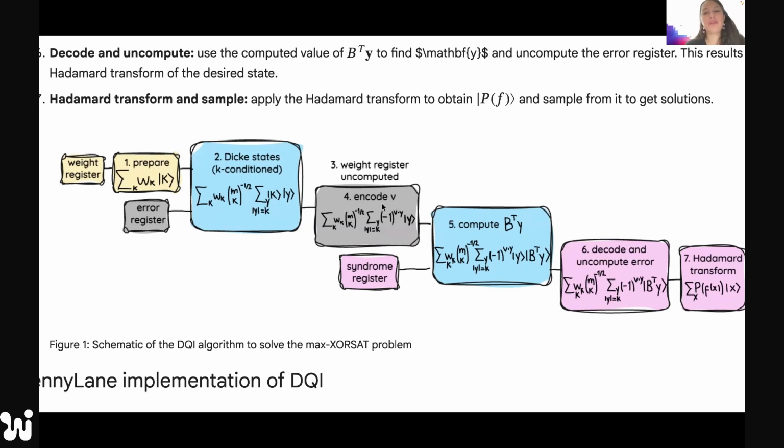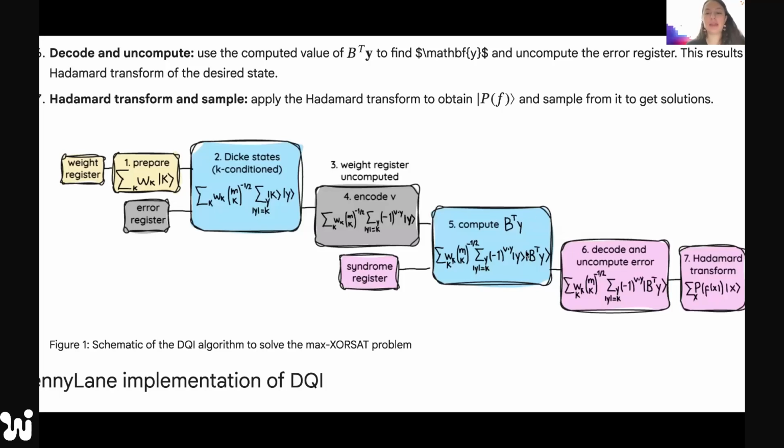Now, after I have encoded this vector v in the phases of my problem, then I can add my matrix B, right? So I'm going to add a new register, and this register is going to add some extra information that I can use.